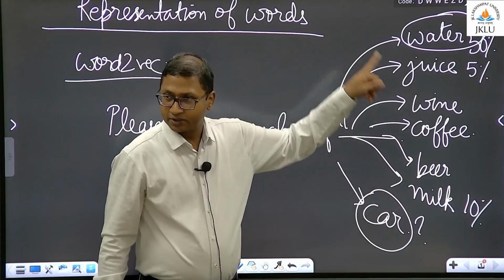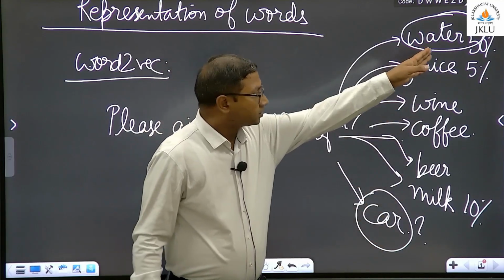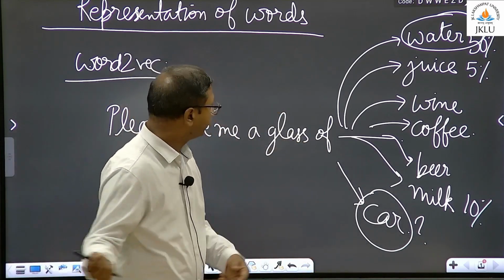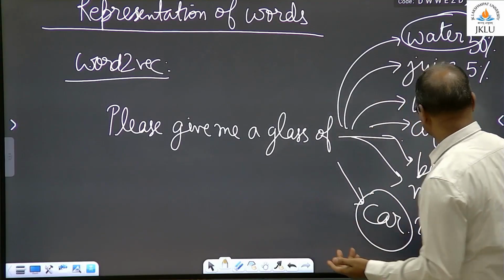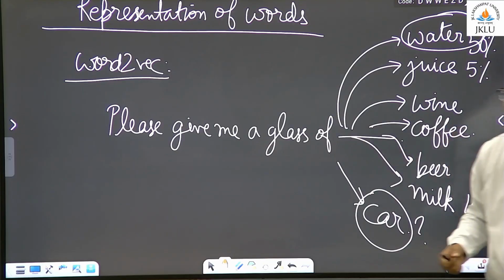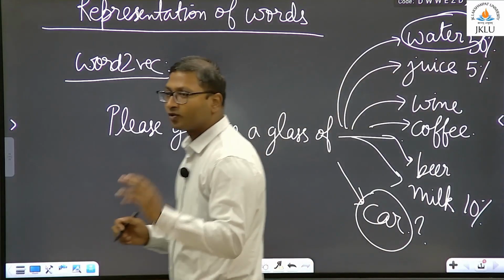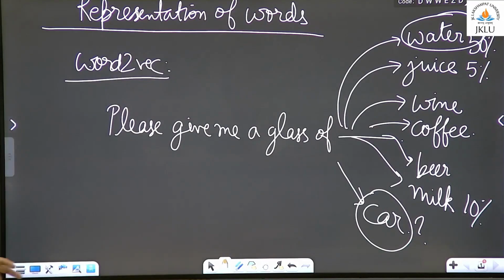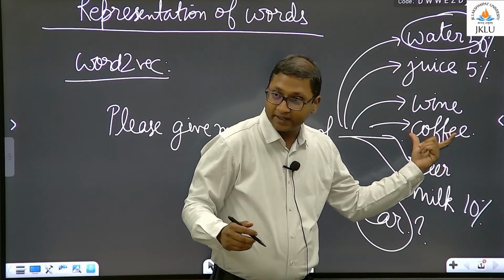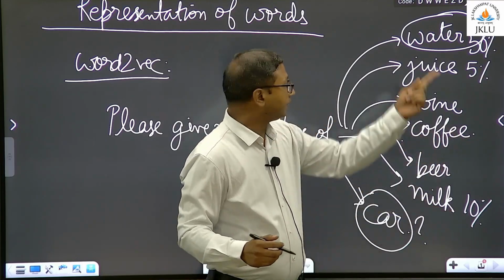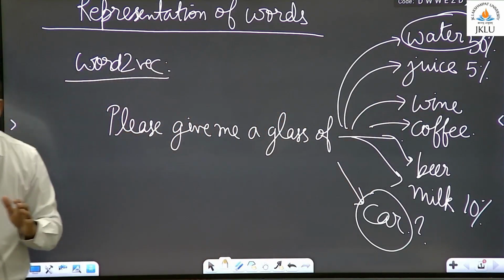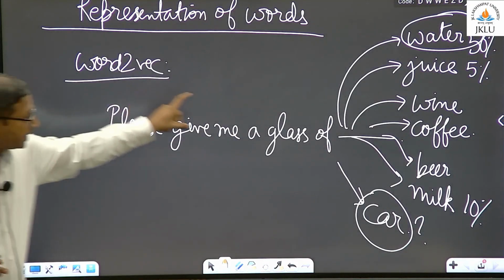And you just keep on doing this. The sum of these percentages will of course add to 100. How many times will you say, please give me a glass of coffee? If I were you, I would say, please give me a cup of coffee. So maybe coffee is not as good a candidate here as milk, or water, or juice.